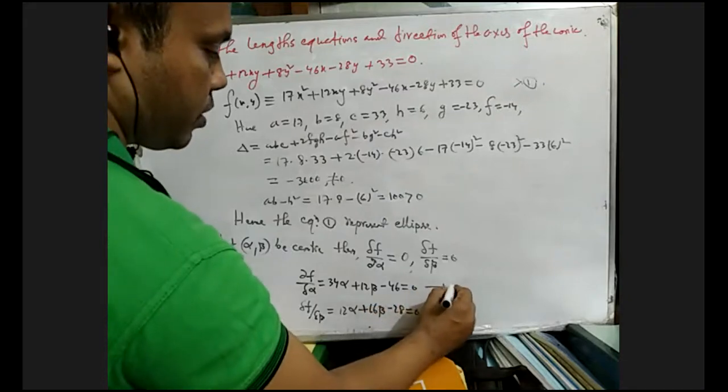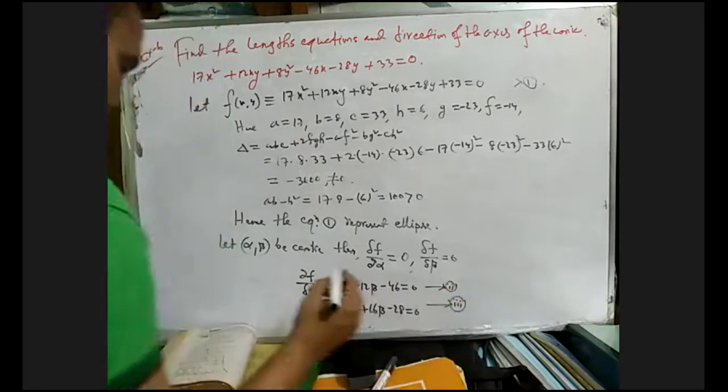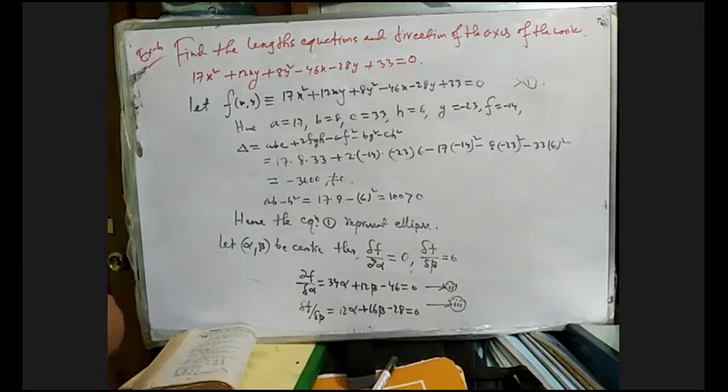This is equation number 2 and this is equation number 3. Now by solving this, we get the center alpha and beta.